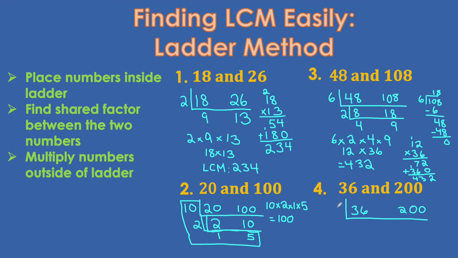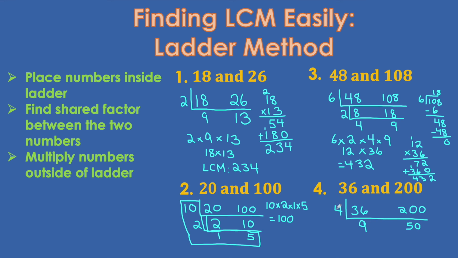Think of the common factor between 36 and 200. We can use the factor of 4. 4 goes into 36 9 times. 4 goes into 200 50 times.